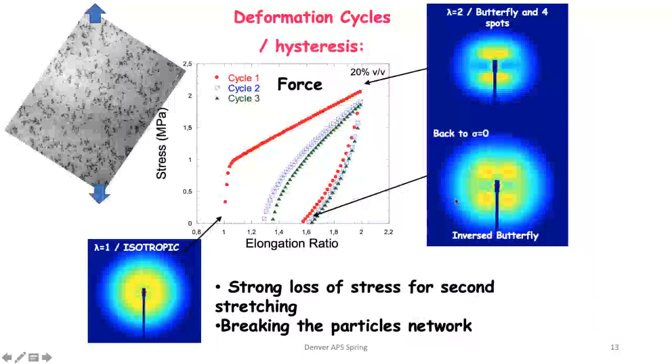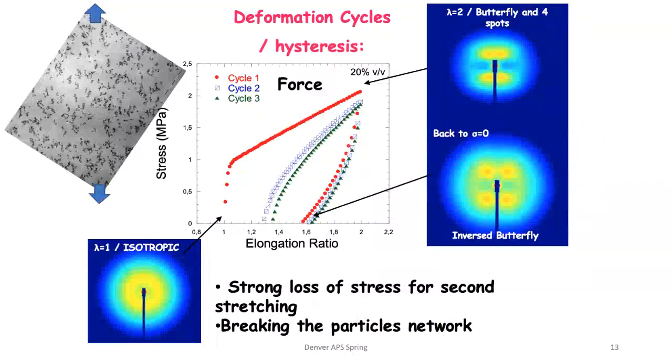In this case, you see that you obtain scattering patterns which are completely anisotropic, instead of the initial one, which was completely isotropic. So you have actually strongly rearranged all the clusters during first stretching and the recovering, and it is obviously an irreversible deformation.